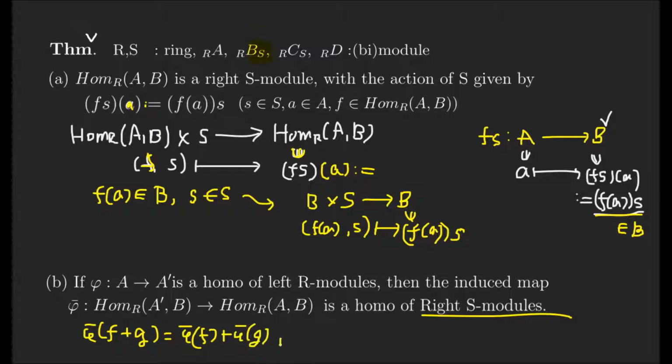In the multiplication case, because of the right S-module, s is located here and f is here. So in the case of left R-modules, the scalar is located on the left side, but this is the right side; this is the right S-module.